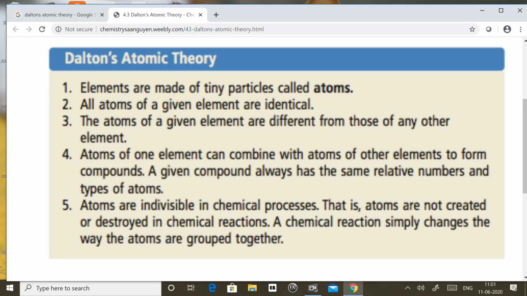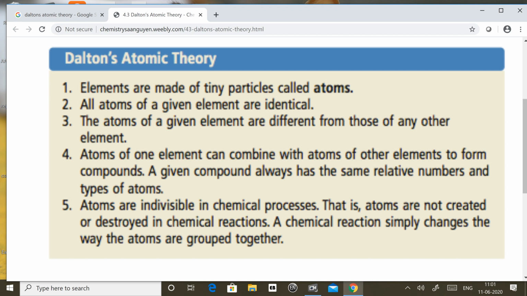That means according to Dalton, in chemical reactions, atoms are neither created nor destroyed. So, there is no experimental proof for this Dalton's atomic theory.